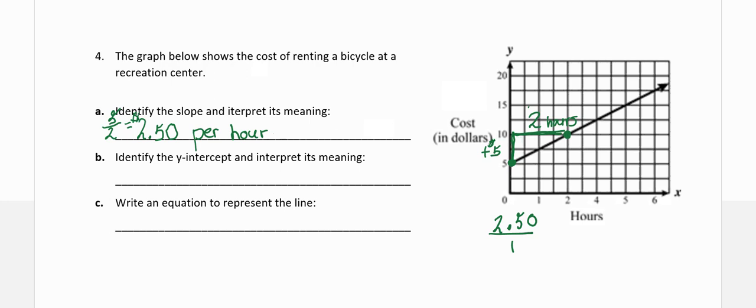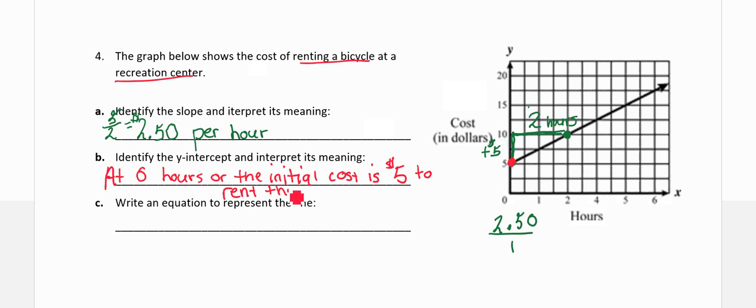Okay, my y-intercept is 5, and without really knowing the situation entirely, we're renting a bicycle at a recreation center. We kind of have to estimate, but at 0 hours or the initial cost is $5 to rent the bike.